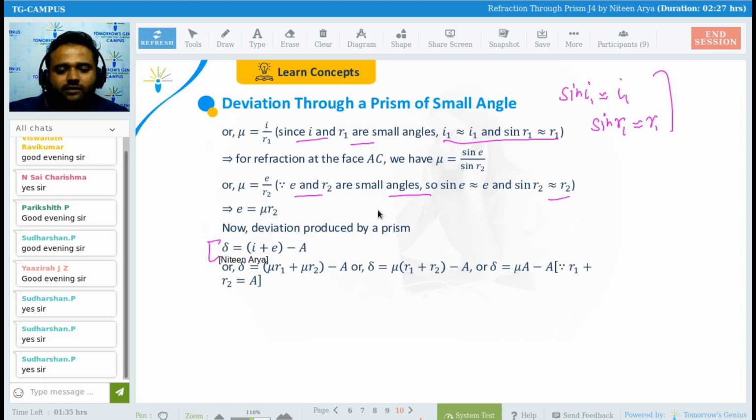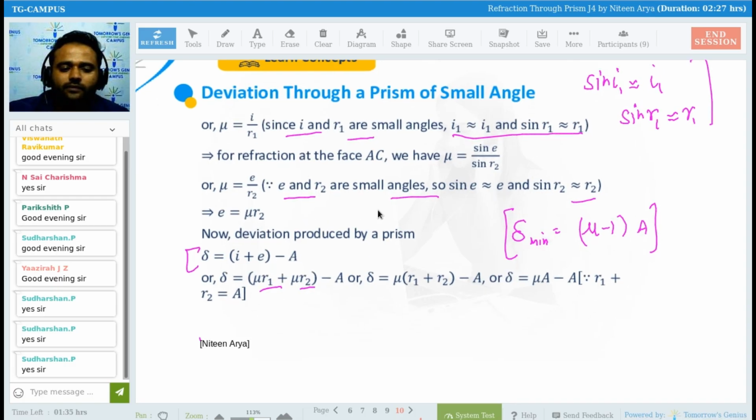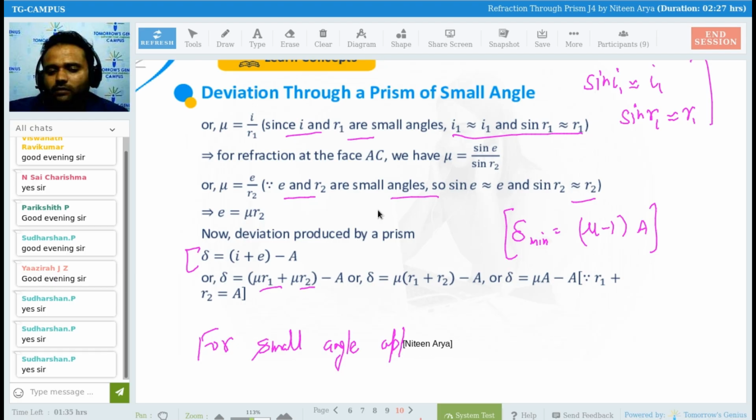The angle of deviation is I plus E minus A. I is mu R1, E is mu R2, so mu R1 plus mu R2 minus A. This is basically the proof that the minimum angle of deviation is (mu minus 1) A for small angle approximation.